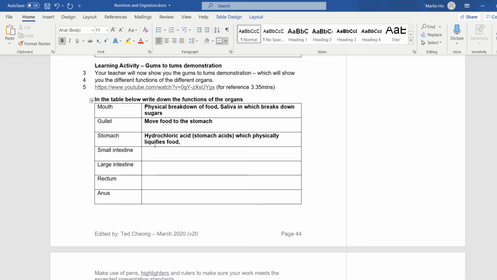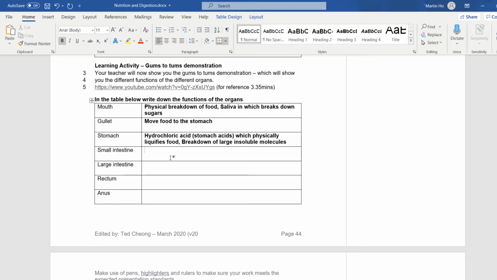Additionally, our stomach also contains enzymes which help break down the other large food molecules. And if you refer to lesson 7, they are large insoluble molecules. After our food is finished being liquefied in our stomach, it moves to the small intestine.